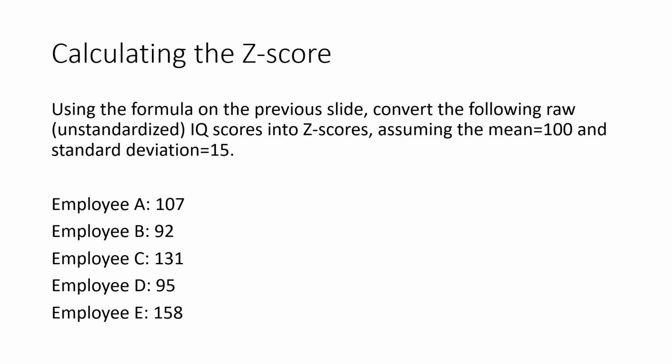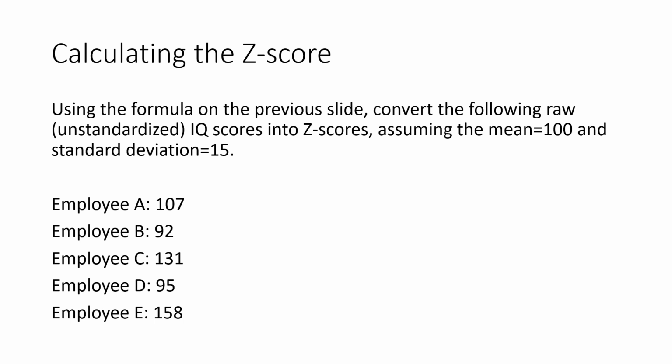Bear in mind that a z-score of 1 is 1 standard deviation above the mean, so this is roughly half a standard deviation above. Next IQ score is 92, so we take 92 minus 100 divided by 15. This will give us a negative score, we know, because 92 is less than 100, which is the mean. So in this case, our z-score is negative 0.53. So pretty close to 107, but just on the other side of the distribution.